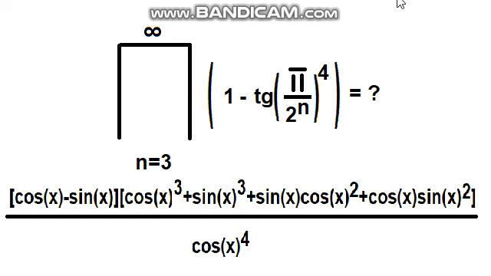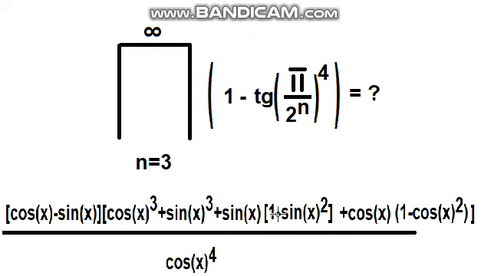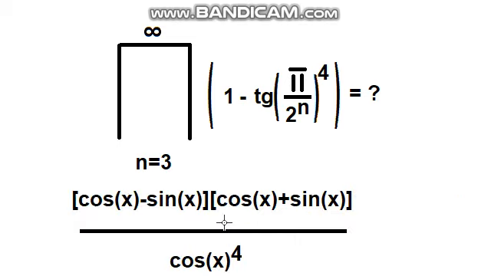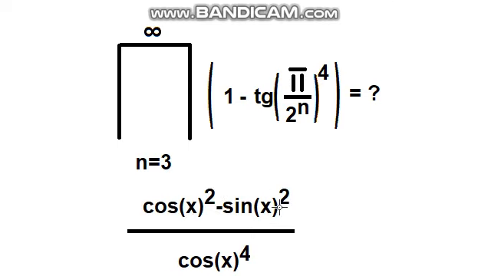I'll show. Like that. Now you can see it can be cancelled, because we are left only with sine plus cosine, and the sine cube minus sine cube, cosine cube minus cosine cube cancel. And we can obviously see that it is cosine squared minus sine squared, which is cosine of 2x, as I said.